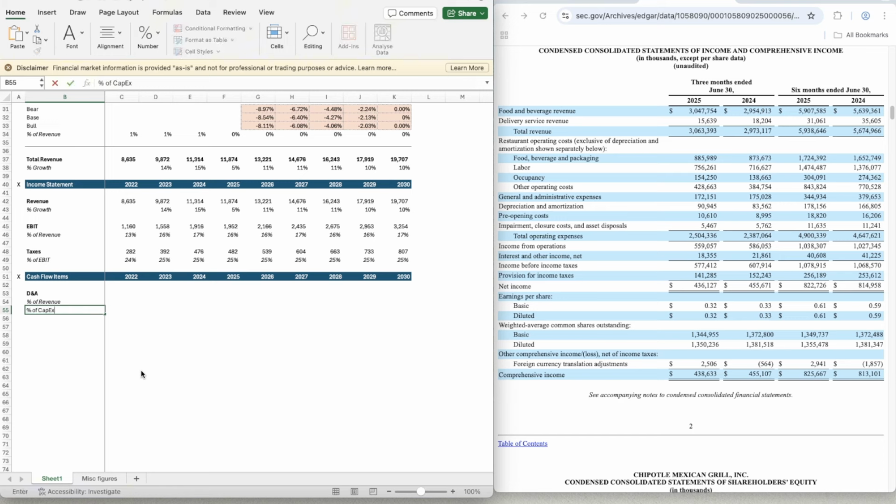Then the percentage for CapEx, capital expenditures. These we find on the cash flow statement, which we'll go on to in a second. Then the change in net working capital, as a percentage of revenue.